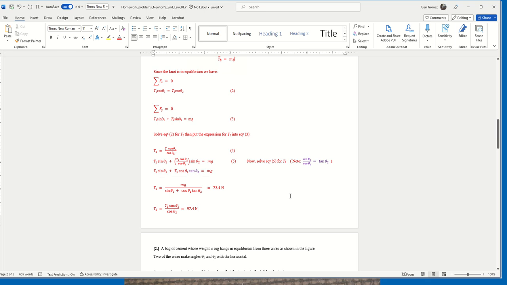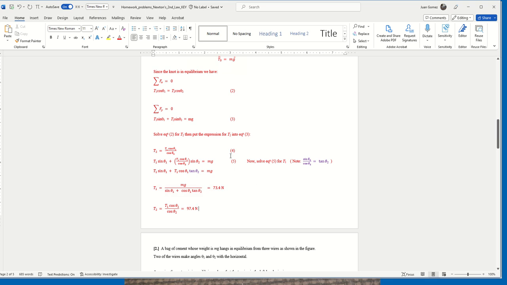Algebraically, if you solve that equation for T1, you get T1 equals mg divided by sine theta 1 plus cosine theta 1 tan theta 2. You know mg, you know both the angles, so you plug in the values and you get T1 is 73.4 newtons. Underneath the threshold, it's less than 100.